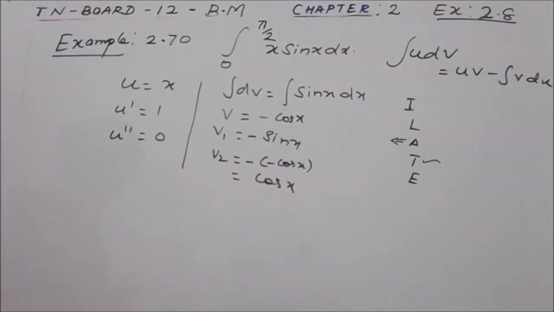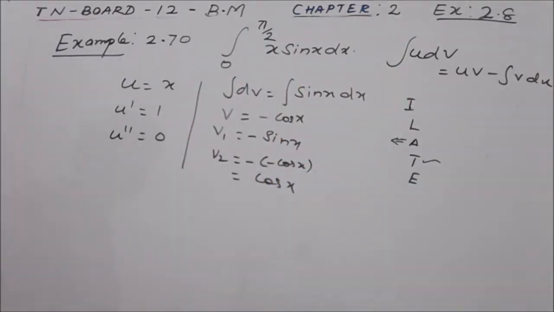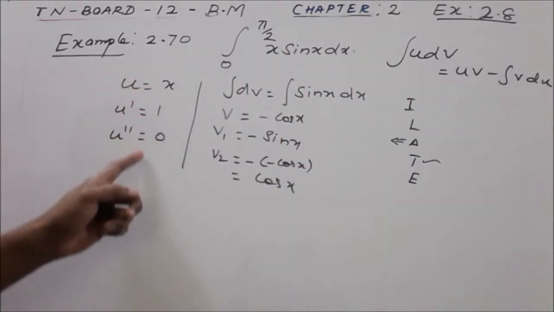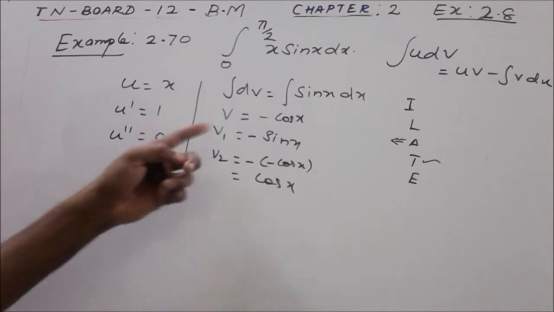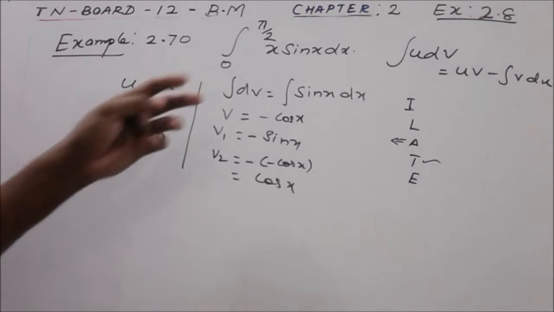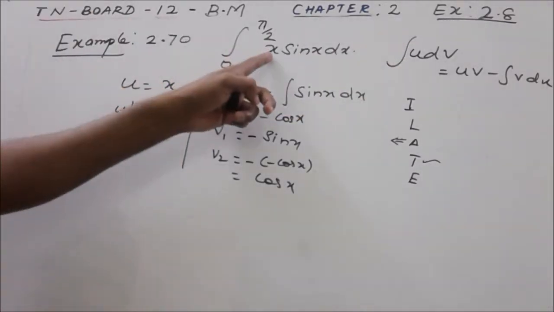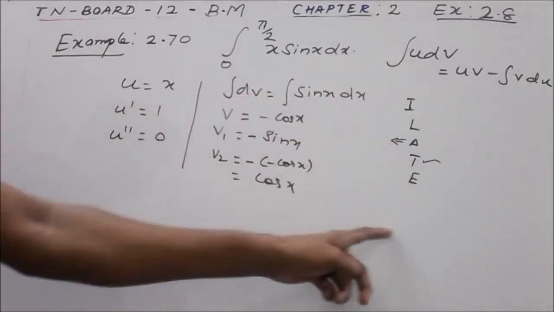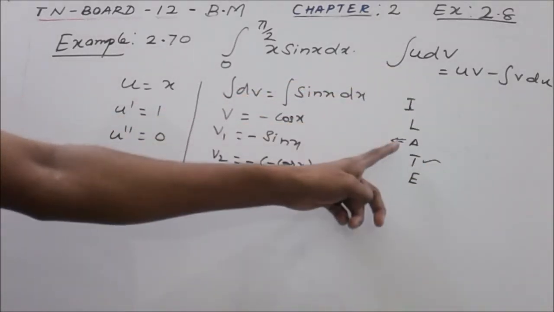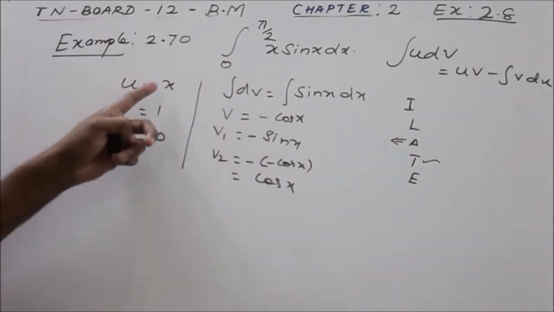I prefer the Bernoulli method here, because the derivative at one end becomes 0, so we can calculate by the Bernoulli formula. This is in the form of integral u dv. U is x. By order of priority, using ILATE, I have chosen u as x, the algebraic function.